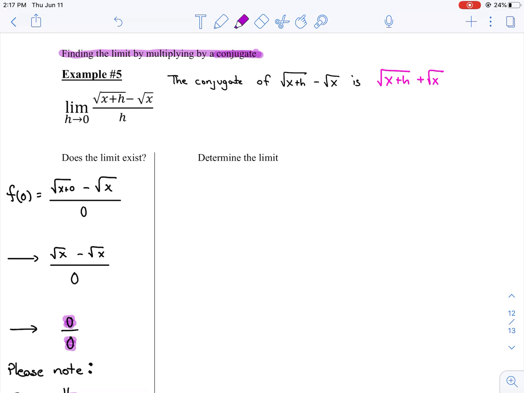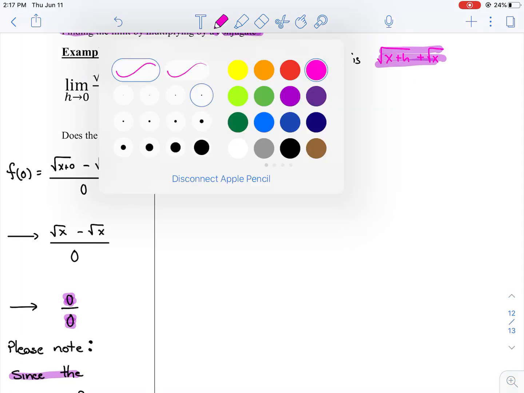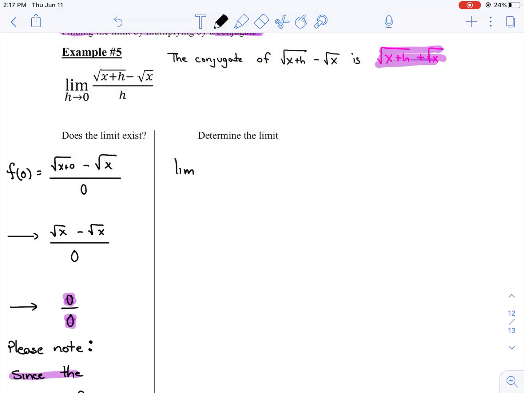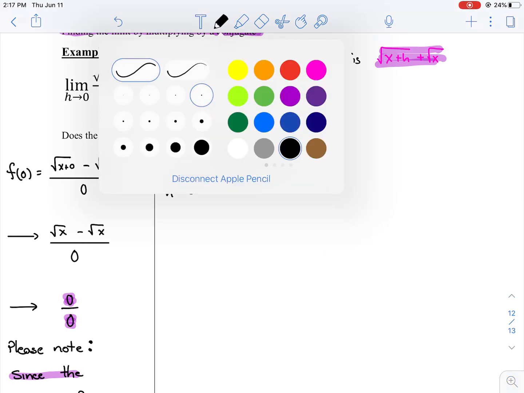I've already provided the conjugate for the square root of x plus h minus the square root of x. And that is the square root of x plus h plus the square root of x. So let's find the limit. I'm going to multiply the numerator and the denominator by the square root of x plus h plus the square root of x.